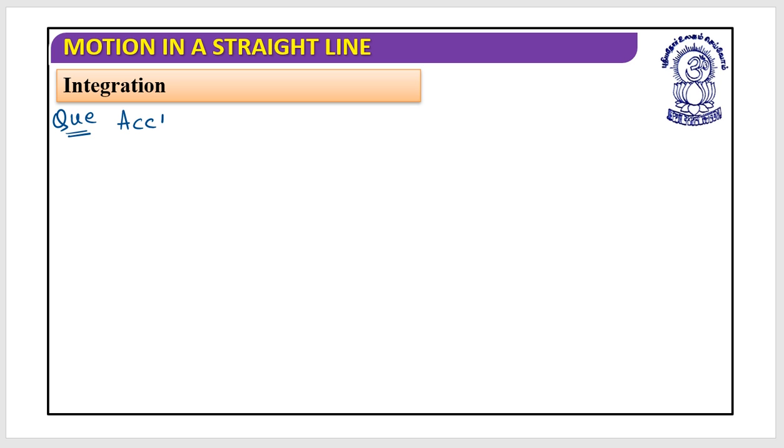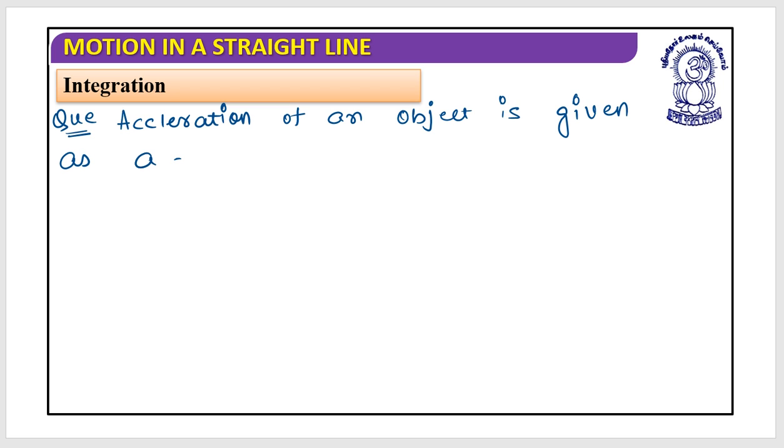They have given that the acceleration of an object is given as a = t + 5 meter per second square.